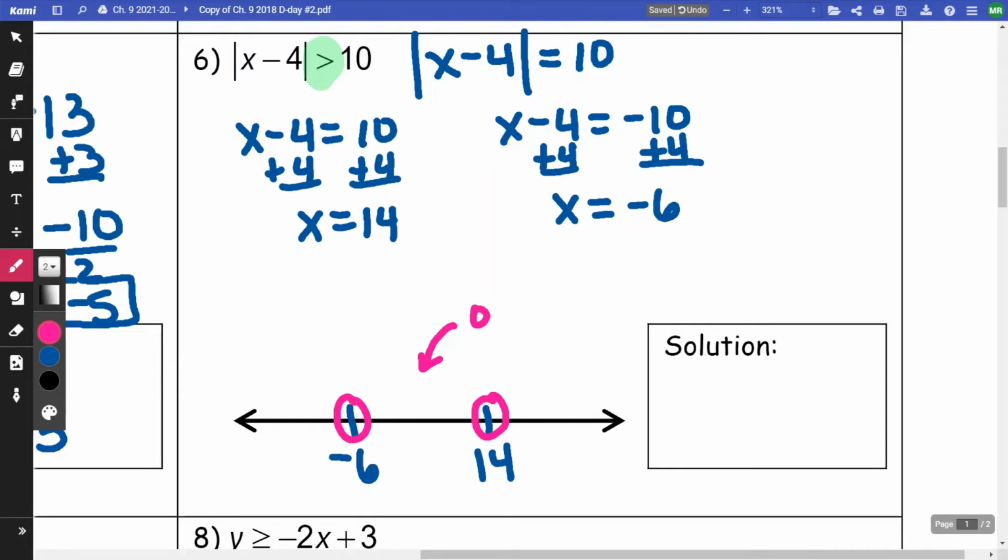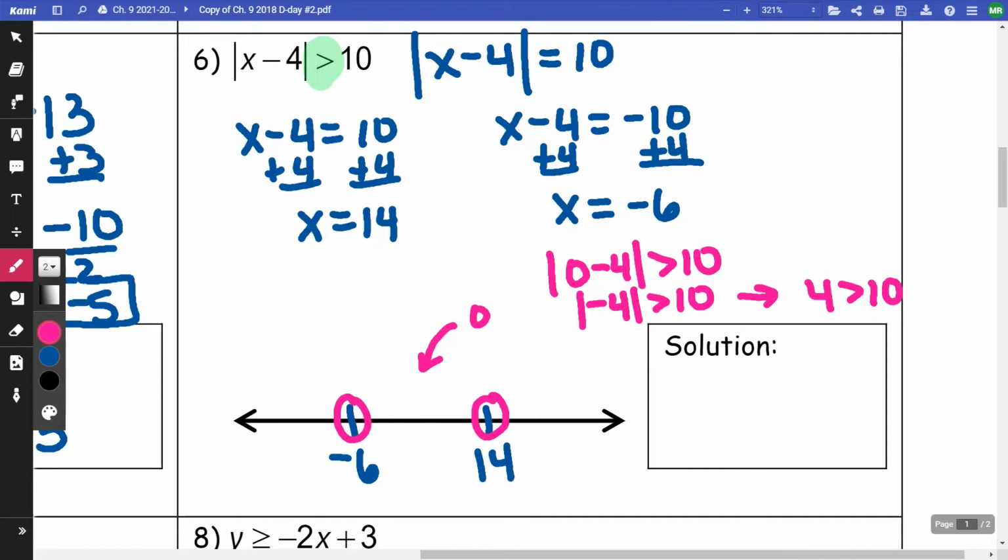So if I was to try 0 into the original inequality, so 0 minus 4 in absolute value greater than 10. Absolute value of -4 greater than 10. Well, that is going to be 4 greater than 10, which is false. So if it's false here, that means it's going to be true outside. So then we can shade out and out.